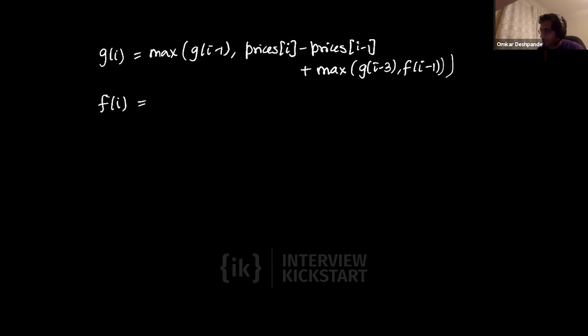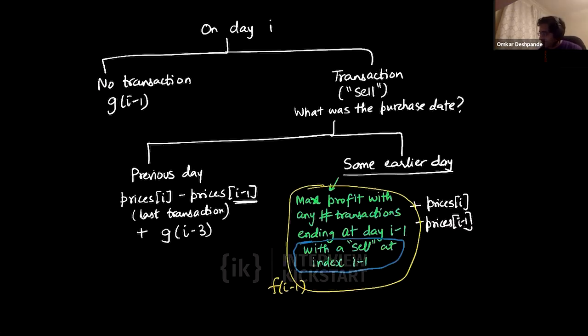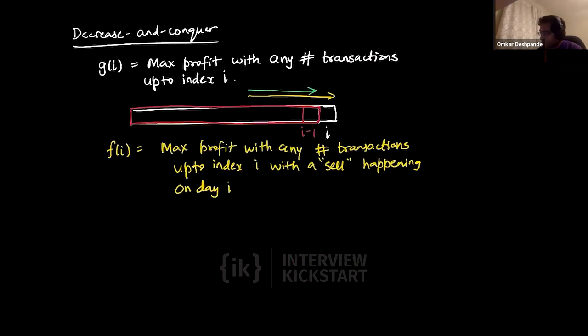What's the expression for f? So f of I is the maximum profit with any number of transactions up to index I, necessarily with a sell happening on day I. So if there is a sell that has to happen on day I, the question is, when did the buy happen?